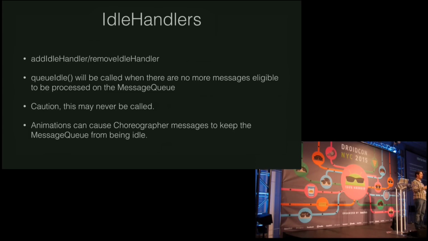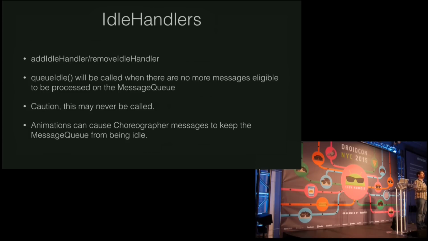So you should never put anything in an IdleHandler that's important. If it doesn't run, things aren't going to work. If you really need to know when the main thread has been drained and there's nothing at this very moment to be processed, that's what an IdleHandler is for. But just be aware that your IdleHandler callback, which tells you the queue is idle, may never happen. Specifically if you have animations. Like if you have a progress spinner, every time that thing gets updated, the choreographer has to draw a frame.